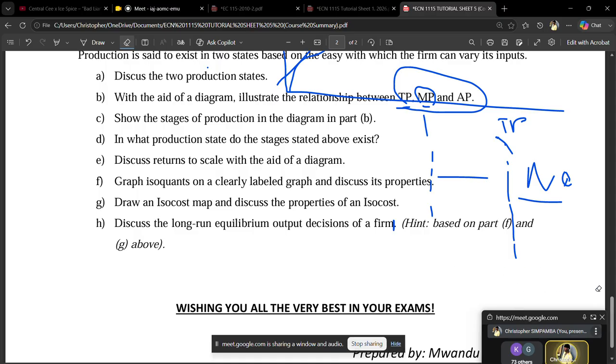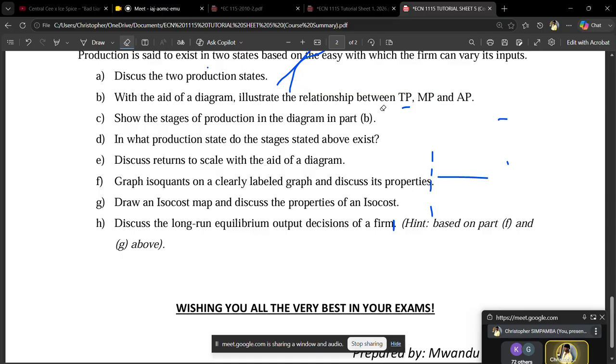The graph that I drew was not talking about returns to scale or anything like that. Here we're talking about stages of production. A firm will first increase exponentially, then it will stop increasing exponentially, and it will start increasing at a decreasing rate.